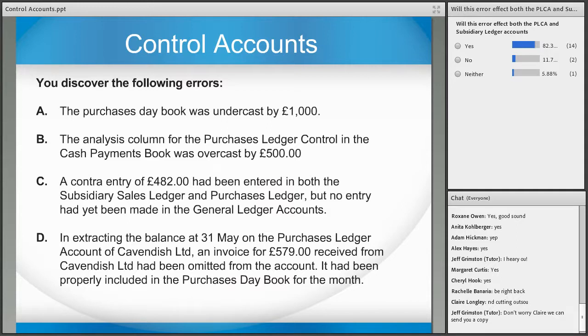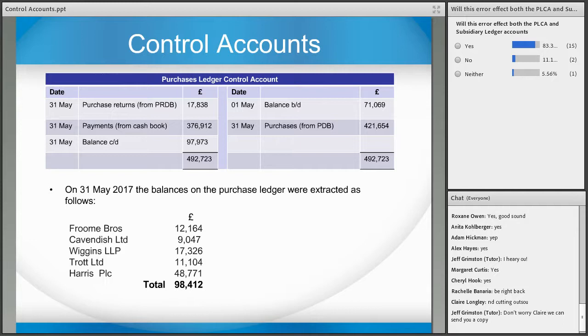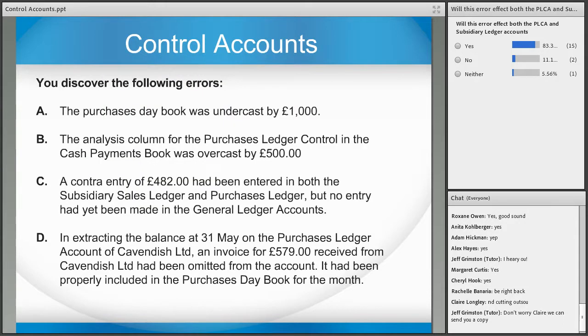If you think about the purchase day book, if it was undercast by £1,000, that means when we posted the purchases day book, the total that we posted into the control account is going to be undercast by 1,000.